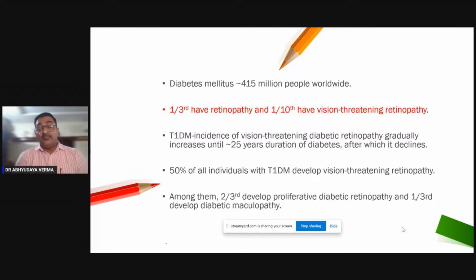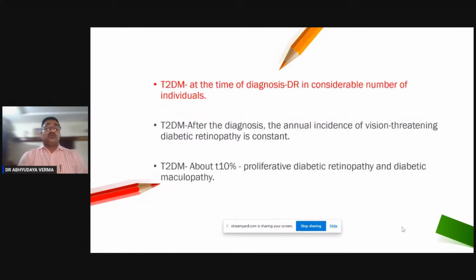And among these patients with diabetic eye problems, two-thirds develop proliferative diabetic retinopathy and one-third develop diabetic maculopathy. So at the time of diagnosis of type 2 diabetes itself, the patient should be screened for diabetic retinopathy, and thereafter an annual checkup should be there.